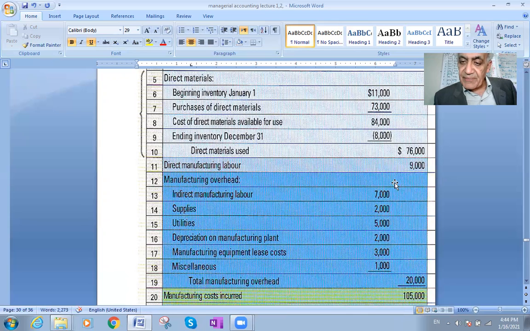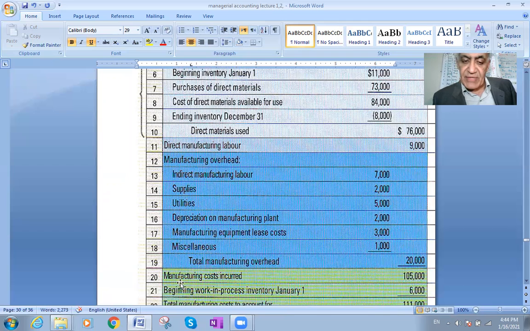You already summed all of them to the total here. The 20,000 is the total of these numbers. So the right side here is for the total. You have total manufacturing overhead of 20,000, and that will also be added to the total costs. Then 76,000 plus 9,000 plus 20,000 all come to 105,000. The manufacturing costs will be 105,000.